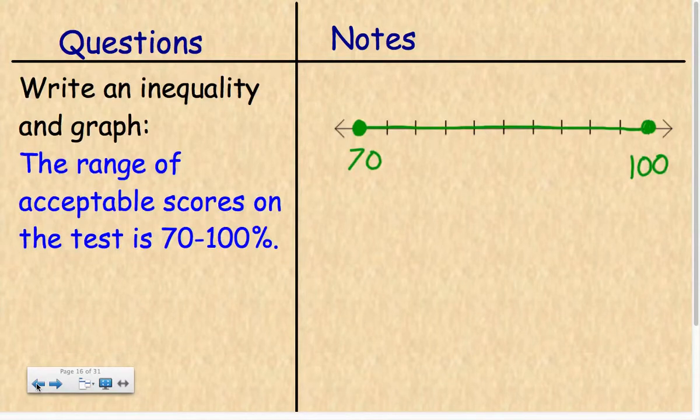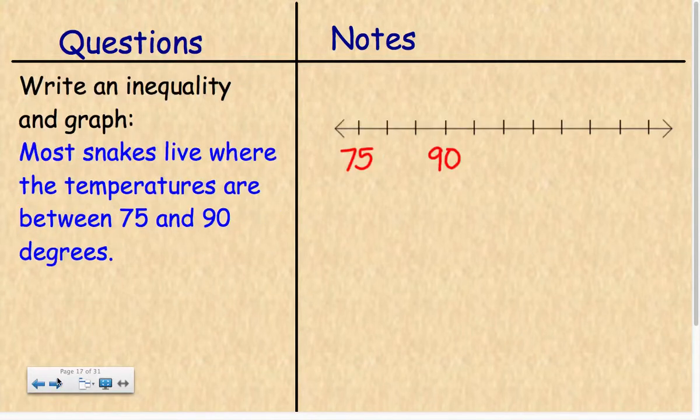The range of acceptable scores on the test is 70 to 100. That included those. When you see the word between, that means it doesn't include 75 and 90. It's in between 75 and 90. So I would just shade in between with open circles. Open circle at 75, open circle at 90.